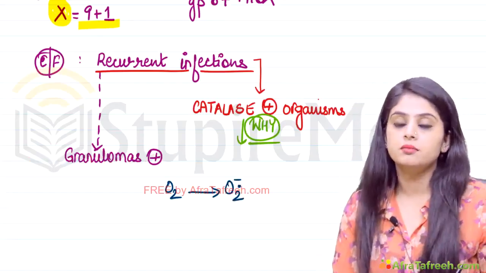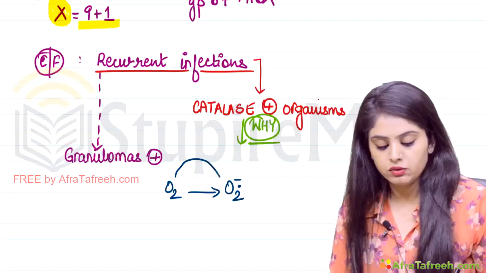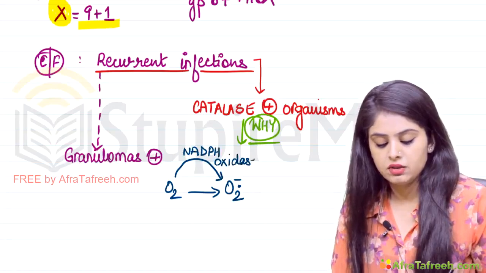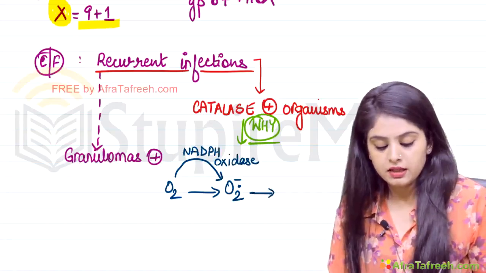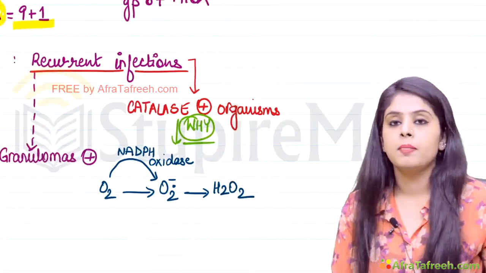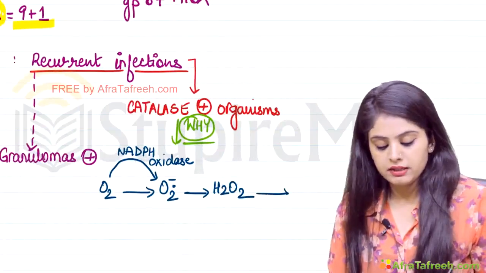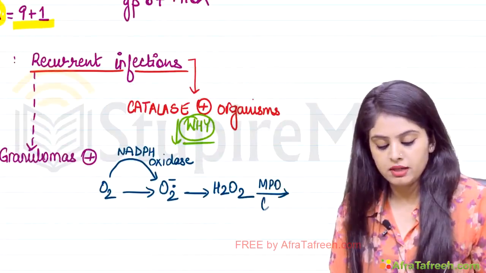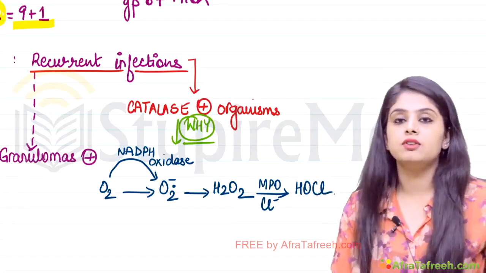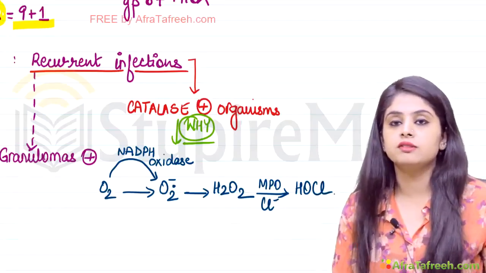By which enzyme? You are right. It was going into superoxide by NADPH oxidase. Superoxide then forms hydrogen peroxide. Hydrogen peroxide then combines with MPO and chloride to form hypochlorous acid. I hope everyone can recall this pathway of phagocytosis.